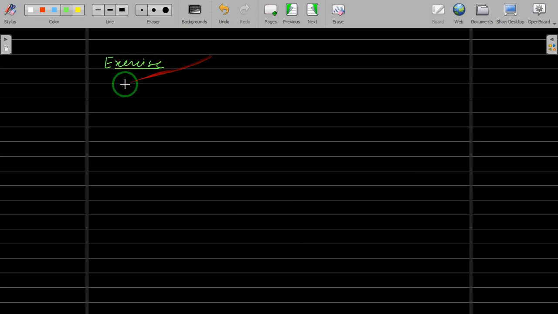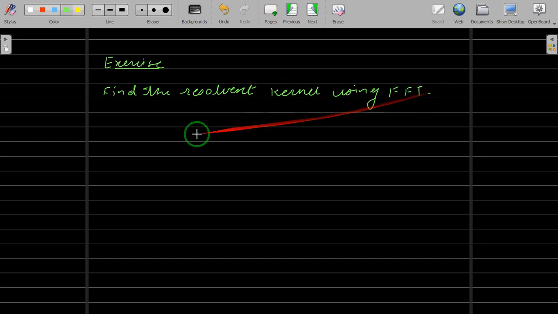Let me give some exercise. Exercise. Find the resolvent kernel using Fredholm's first theorem.